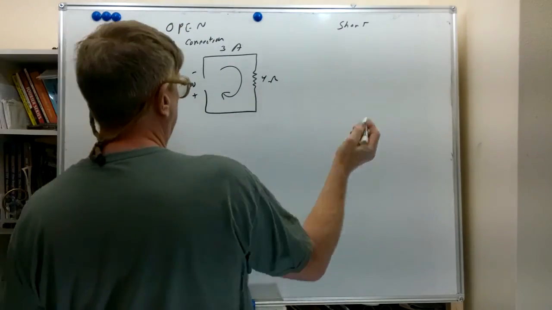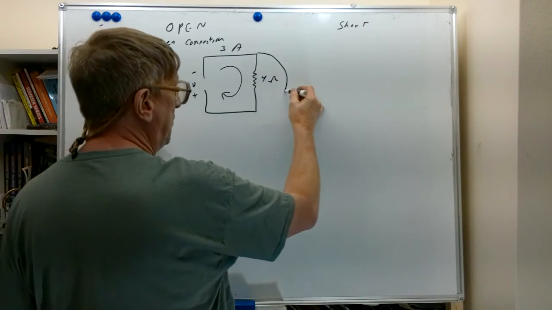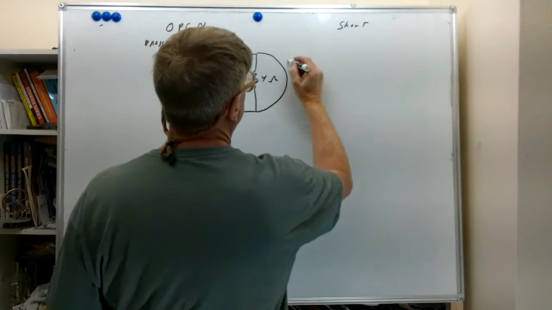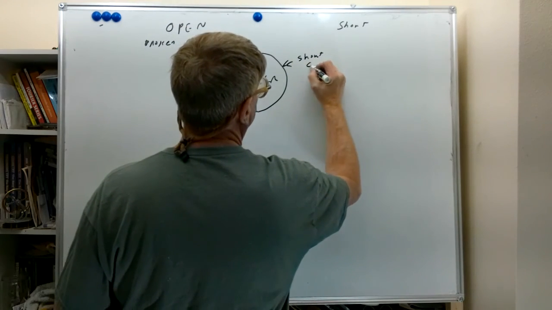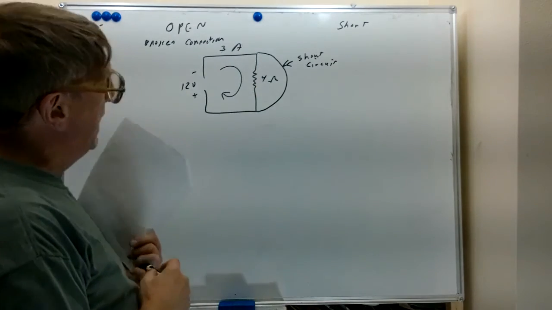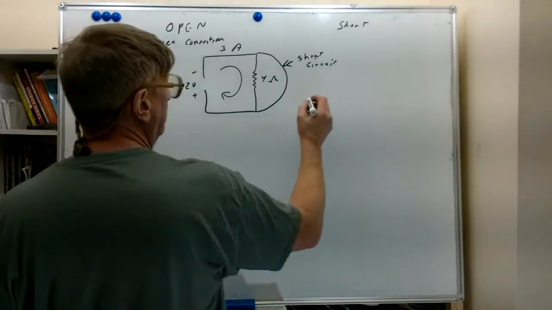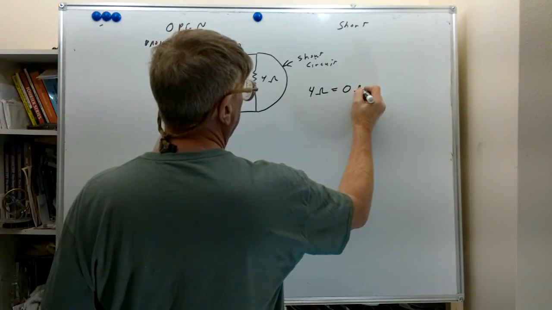But say a wire gets a bare spot in it, it can cause a path around that resistor. That path, we're going to call a short circuit. So what happens when that happens? Instead of 4 ohms, we have basically 0 ohms.